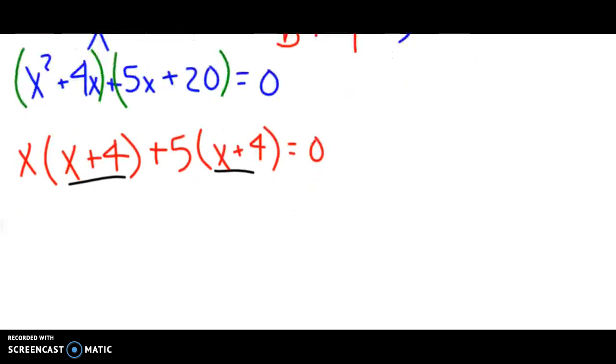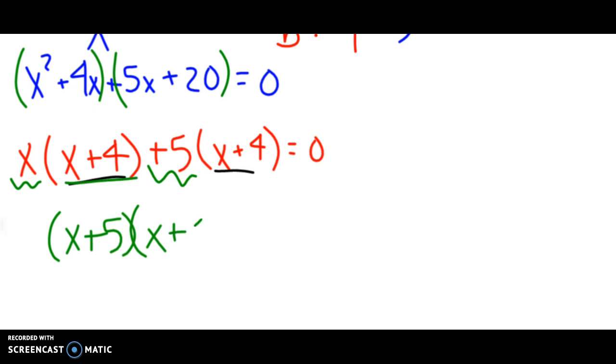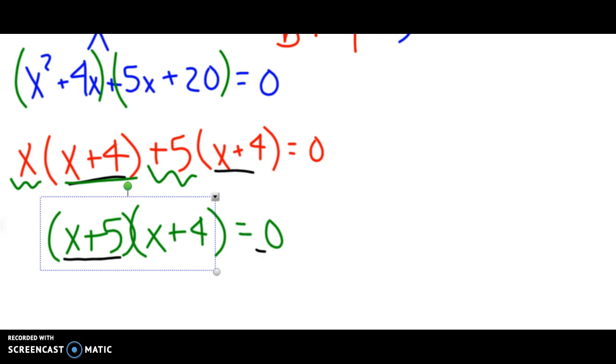because then we can actually write it like this. We can say, okay, well now we have x plus 5 times x plus 4. And so now what we've done is we've factored it into two binomials. And so the zero product property says that either x plus 5 equals 0 or x plus 4 equals 0.